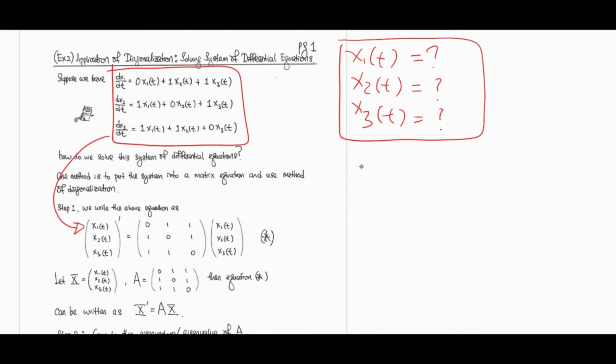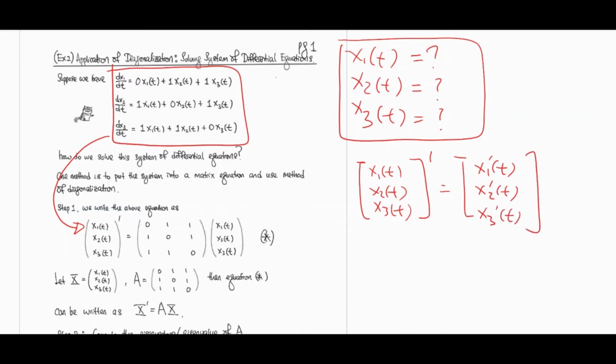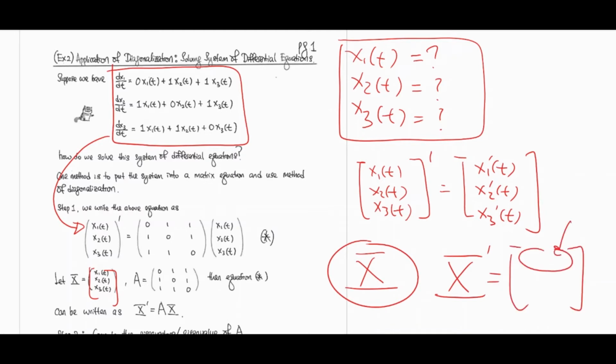Just FYI, especially for those who have taken Calc 3 before, you should know that if you have the vector x1(t), x2(t), and x3(t), how do you take the derivative of this vector? Well, you take the derivative component-wise, which means you take the derivative of the first component, then the second component, then the third component. So if you let x be this vector, then x prime is a vector where every component has had one derivative taken.